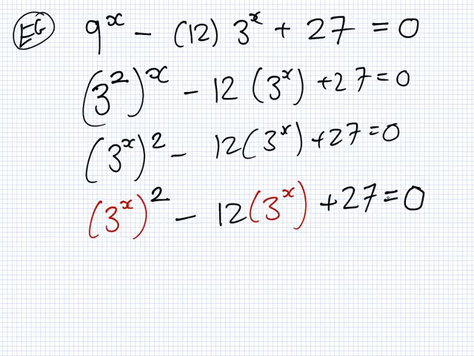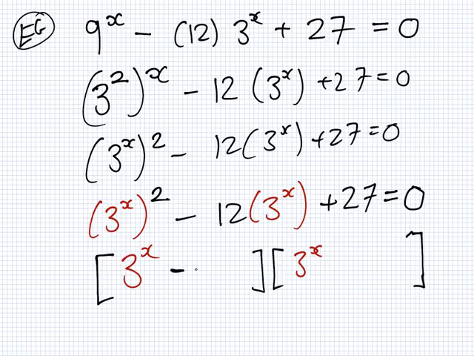So this looks like what type of equation? It's a quadratic. So we have two factors here, but instead of x, it's 3x. Numbers that multiply to make 27 and add to make minus 12, well, it has to be a minus and a minus, a 9 and a 3.